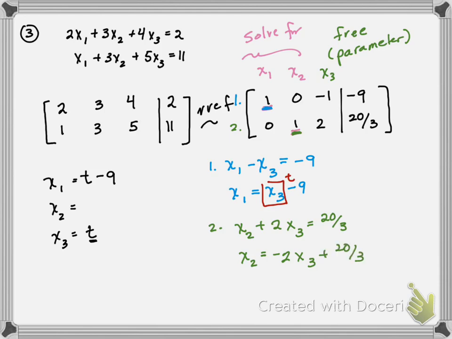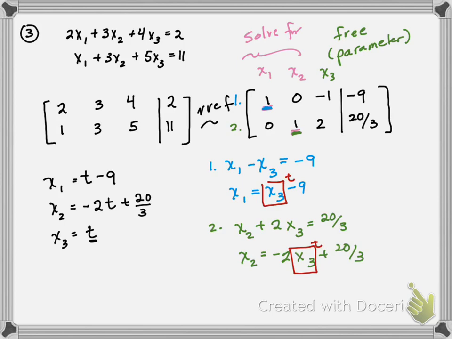And again, the x3 right here is your choice, that's the parameter, so we call this t. So now let's write it down. x2 is negative 2t plus 20/3.